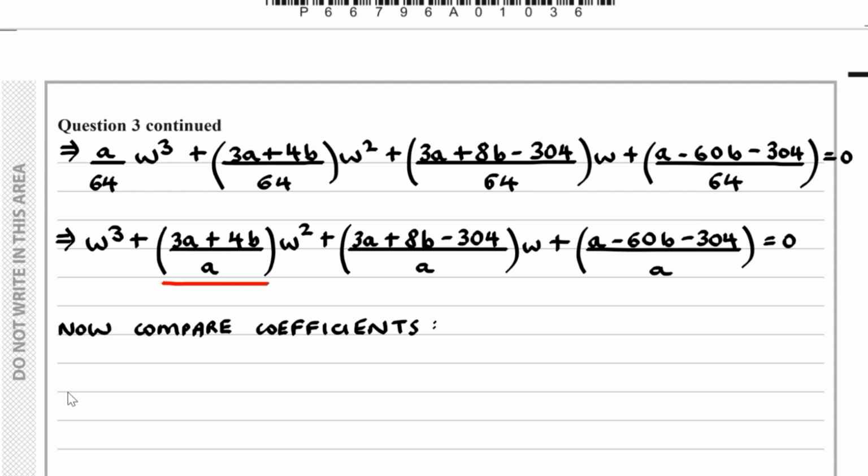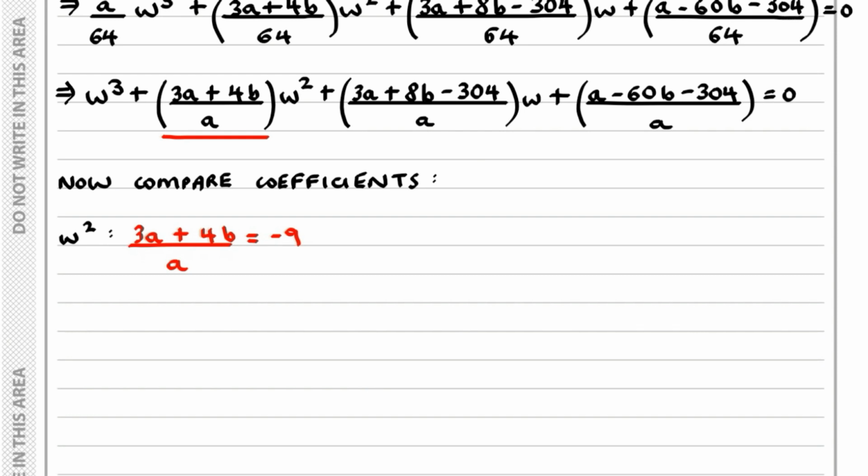So comparing the w squareds, you can see we have 3a plus 4b over a, which is equal to minus 9. Multiplying through by a, we have 3a plus 4b equals minus 9a, from which you can see 12a plus 4b is equal to 0.